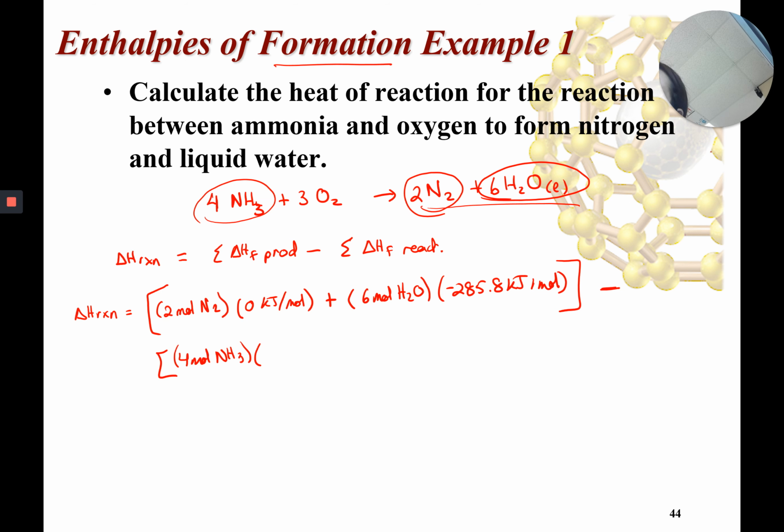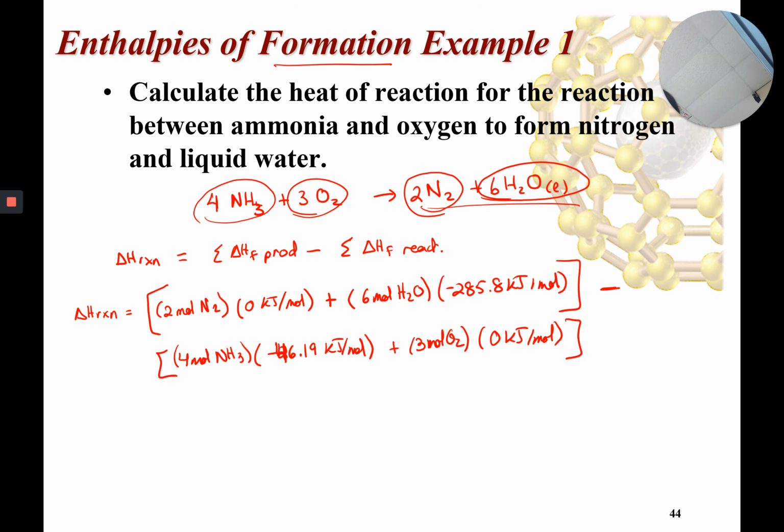And the value on the table for ammonia is negative 46.19 kilojoules per mole. Then we have 3 moles of O2. And remember, 0 kilojoules per mole. And you just add them all up together. You get negative 1530 kilojoules. And that's our answer.